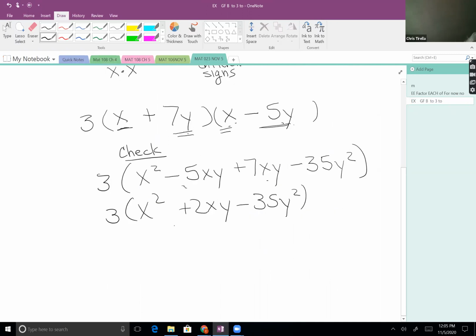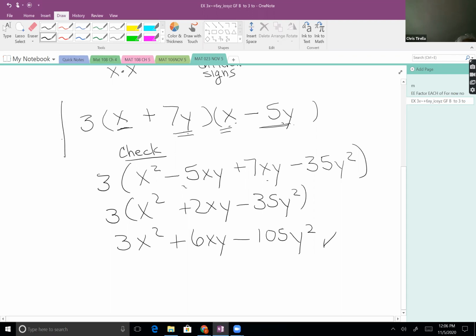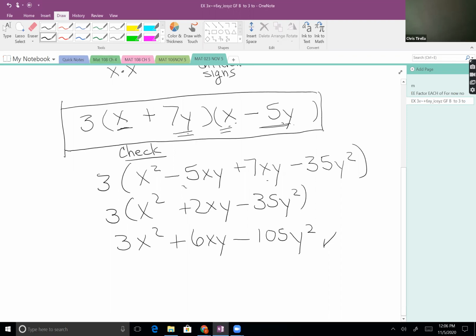And when I distribute the 3, I get 3x squared plus 6xy minus 105y squared, which is what I wanted. But all of this, all 3 factors, would be my answer, my factored form.